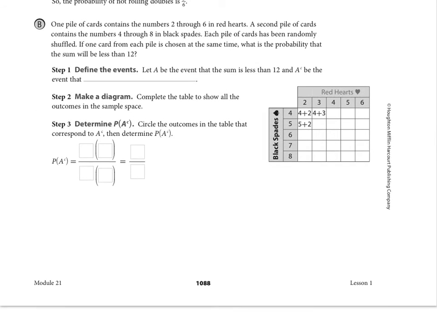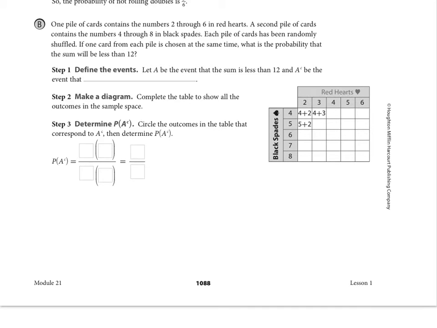We have a pile of cards that contains the numbers 2 through 6 in red hearts and 4 through 8 in black spades. Each pile of cards has been randomly shuffled, and we're going to pull one card from each pile, and we want to know what is the probability that their sum, or the addition of the two cards' values, will be less than 12. So let's define our events.